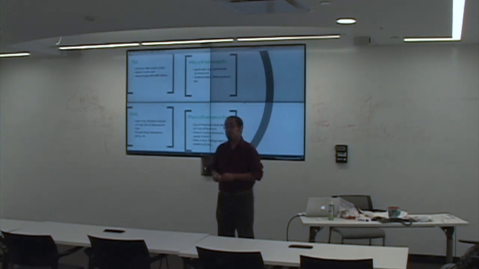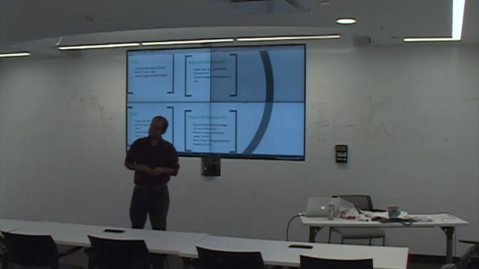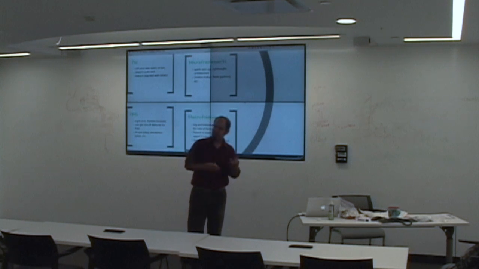So if you know that success, which you hope to have, looks like user accounts and sending emails and having lots of maintenance things you need to be doing, then maybe that pushes you a little towards a macro framework. But if all you really need is user accounts, then maybe you should stay over with a micro framework and grab a plugin that does user accounts for you, and a plugin that lets you talk to a database.